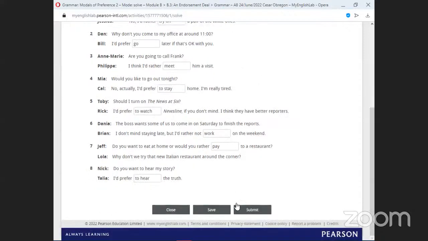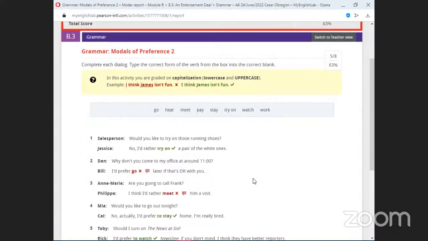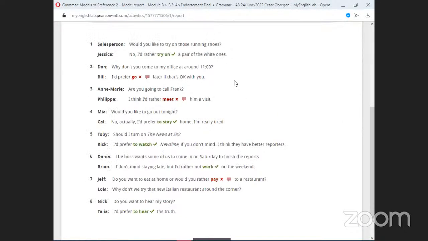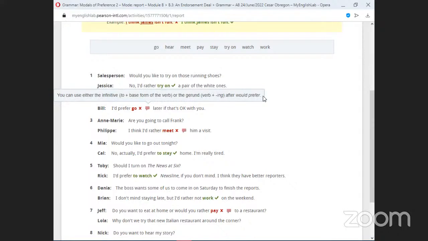Okay. So let's see what happens. This is a problem. So number 2. You can use either the infinitive to plus base form of the verb or the gerund verb plus ing after would prefer. But what's the correct verb?